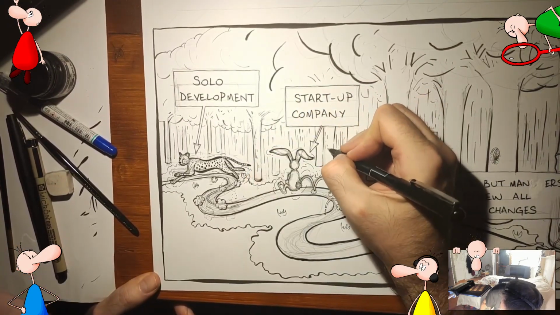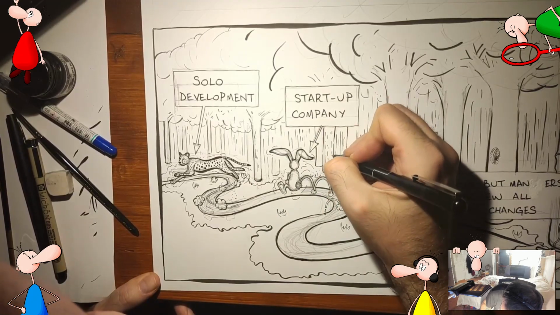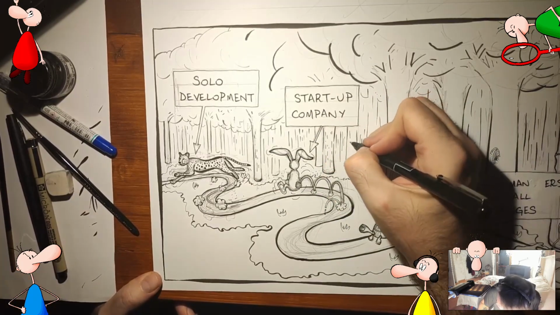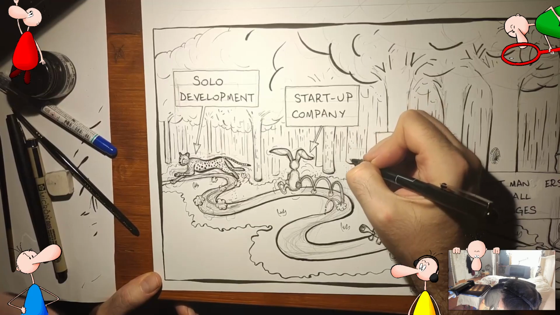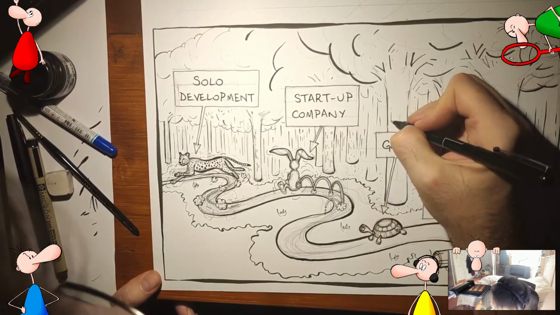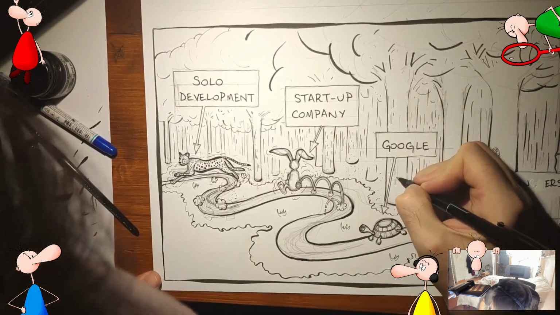And on the tree trunks too. Look at this, so many opportunities to make tiny strokes everywhere.